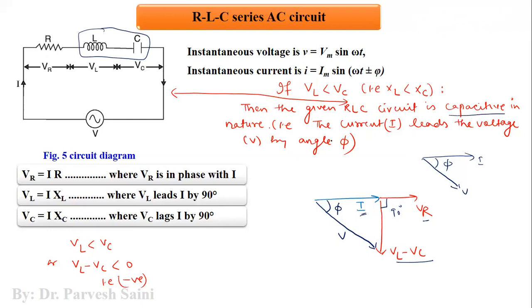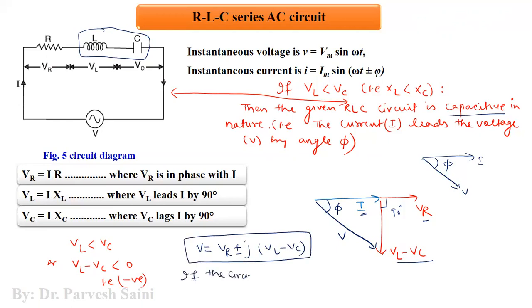Now, whether it is a capacitive or an inductive circuit, we have seen that the voltage V is basically the phasor sum of VR and plus or minus j(VL minus VC). So it is a complex number. If the circuit is inductive, V is equal to VR plus j(VL minus VC).